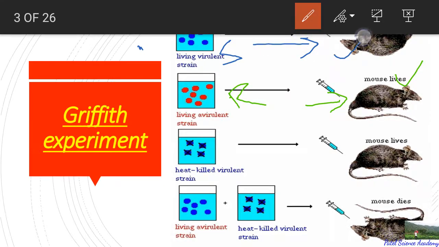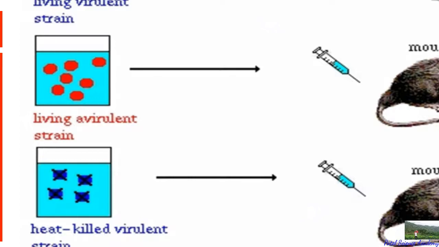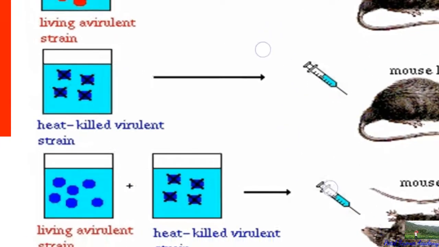Mice died because this S strain is dangerous. It is pathogenic, virulent, and capsulated, and has a smooth membrane, and it causes the death. So till now I hope you have understood two steps. Now we'll see step number three. What happened in step number three?